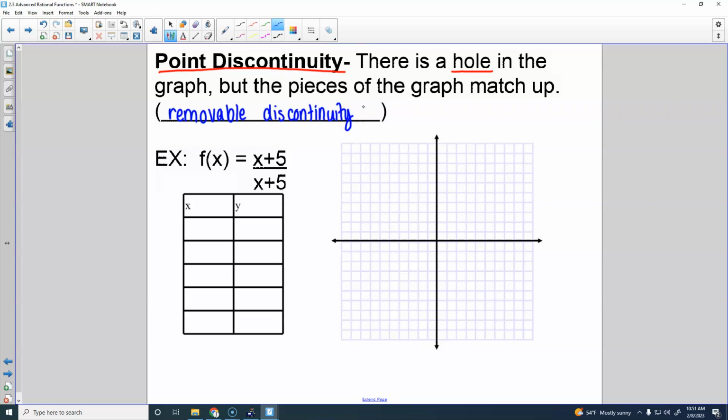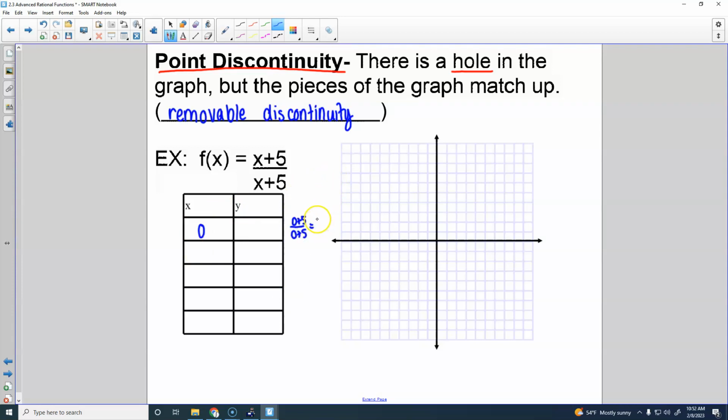So here's what happens with a point discontinuity or a hole in the graph. I've got this function x plus 5 over x plus 5. So I'm going to make myself a chart and plug in some numbers. If I plug in 0, I'm doing 0 plus 5 over 0 plus 5.